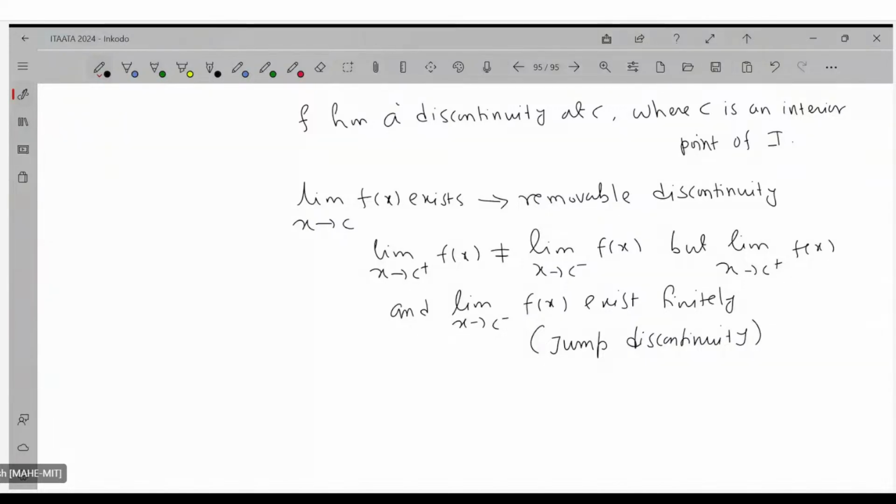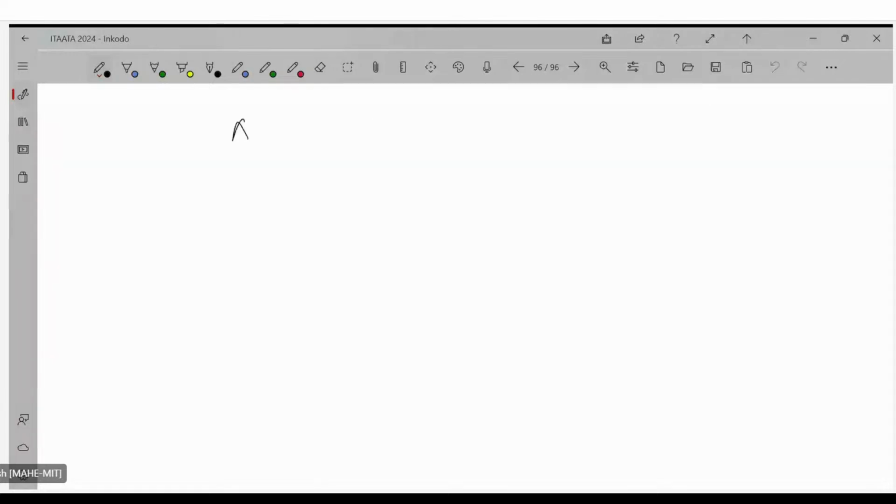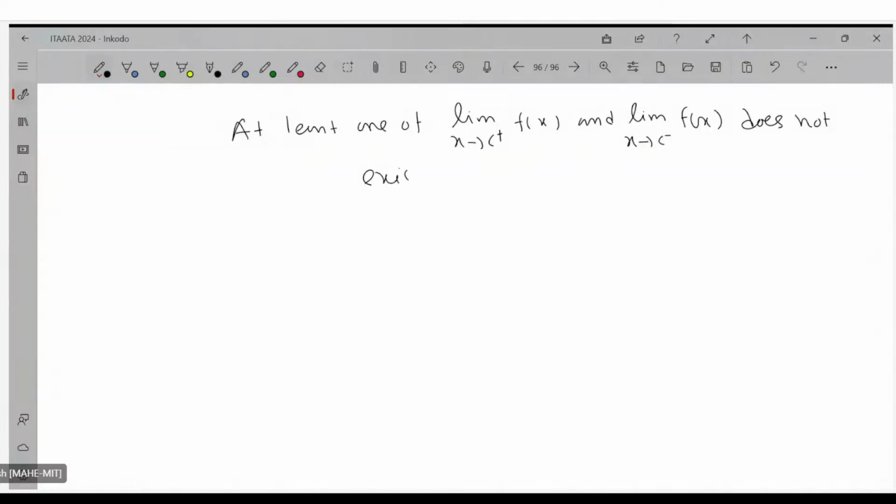Okay, at least one of them. So at least one of limit x tends to C plus f(x) and limit x tends to C minus f(x) does not exist finitely.